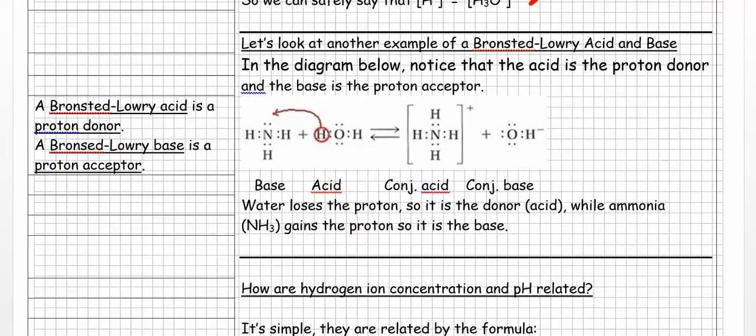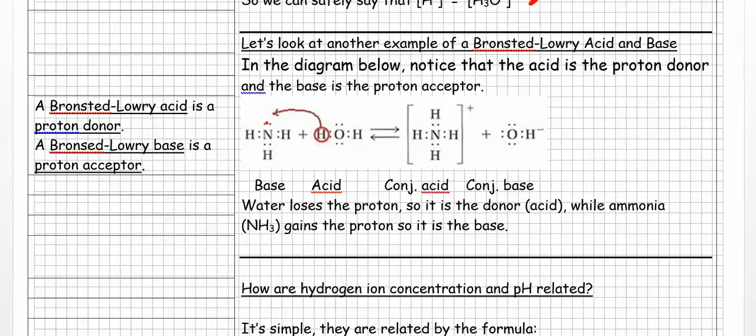Let's go back to the Bronsted-Lowry definition of acids and bases and look at another example, this time from a Lewis diagram standpoint. In the diagram below, notice that the acid is the proton donor and the base is the proton acceptor. So here we've got water, and water has a proton to donate, and it's going to donate it right there.